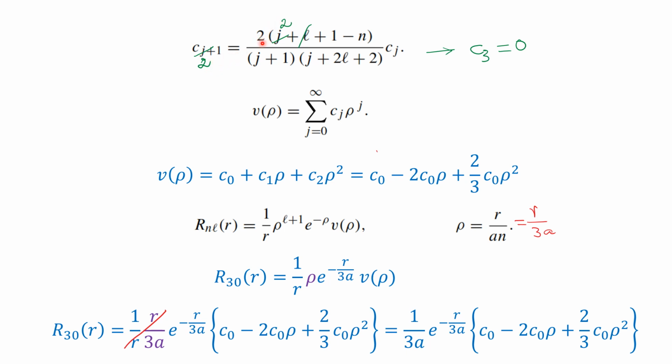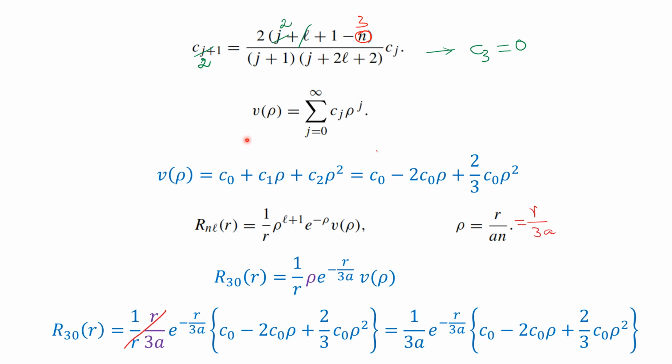As per this formula, j is 2 and l is 0, plus 1 minus n, where n is equal to 3. Here 2 plus 1 is 3, and 3 minus 3 is 0. The numerator is 0, so the total value is 0. So naturally c3 will be equal to 0.